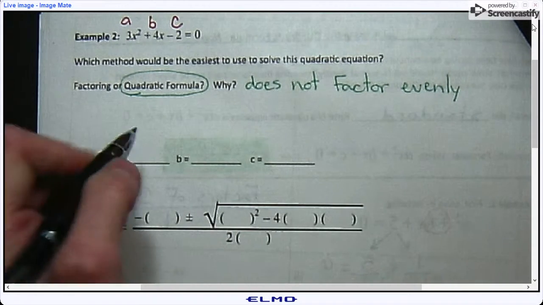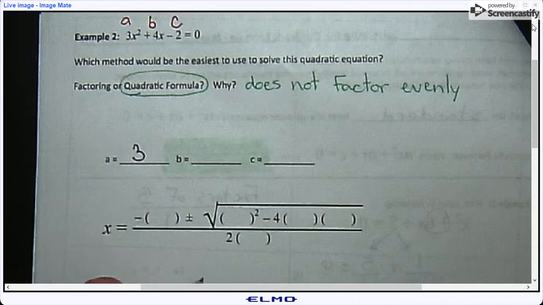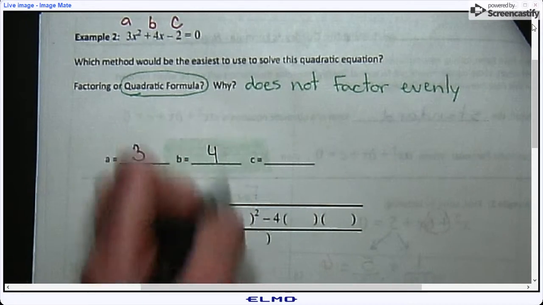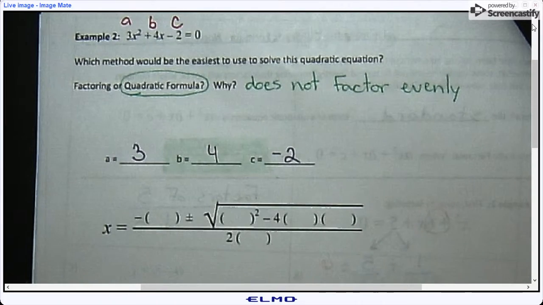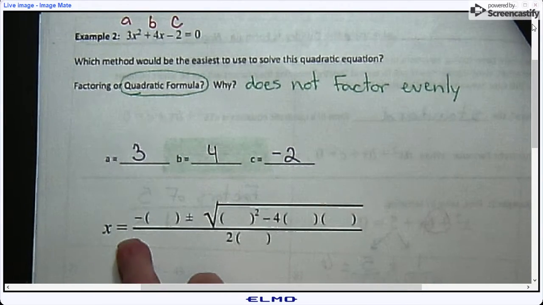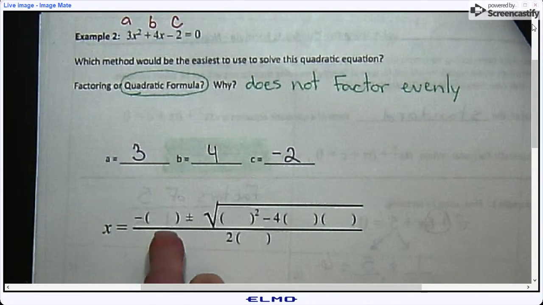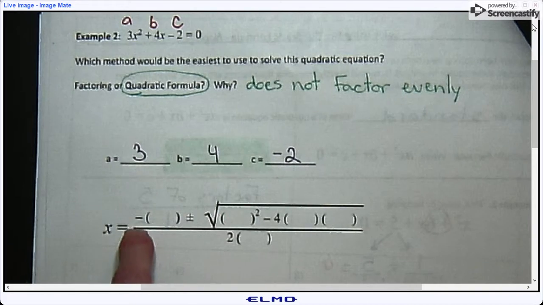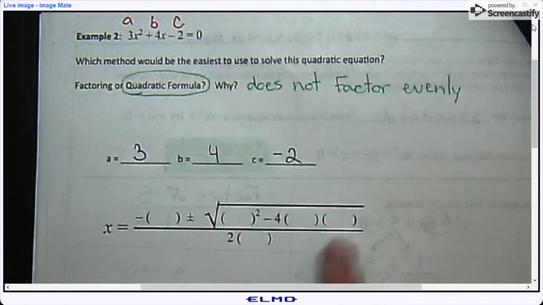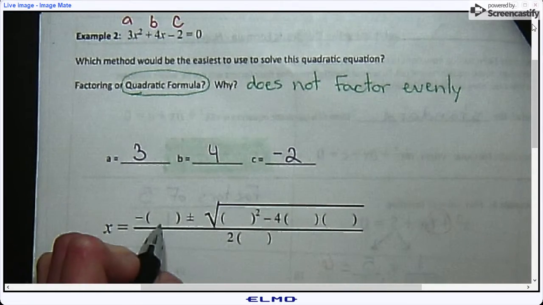So we have a positive 3, a positive 4, and a negative 2. You see in my formula, again, the only things that disappeared were my letters a, b, and c. My signs are still there, my radical. So let's fill those in.